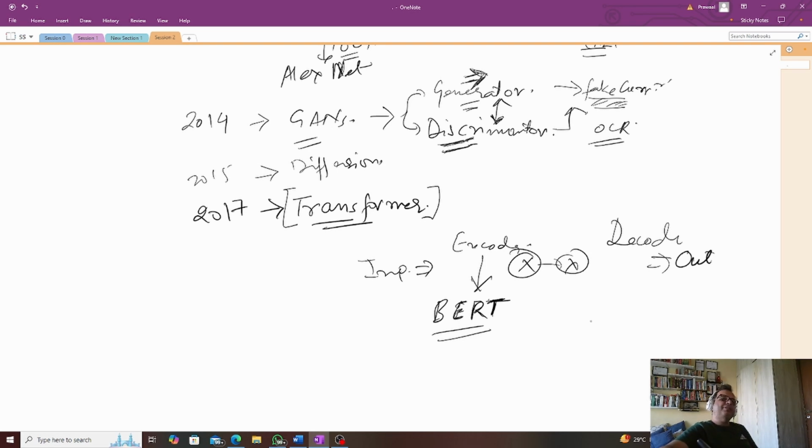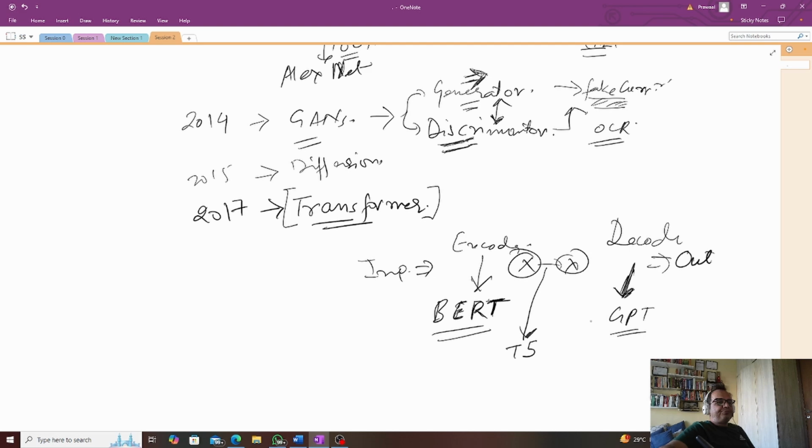There can be decoder-only models, and these are models like the various forms of GPT or any LLM. And then there can be models which use both decoder and encoder. These are models like T5 by Google, which translates, say, one language to another. So all kinds of machine translation models.